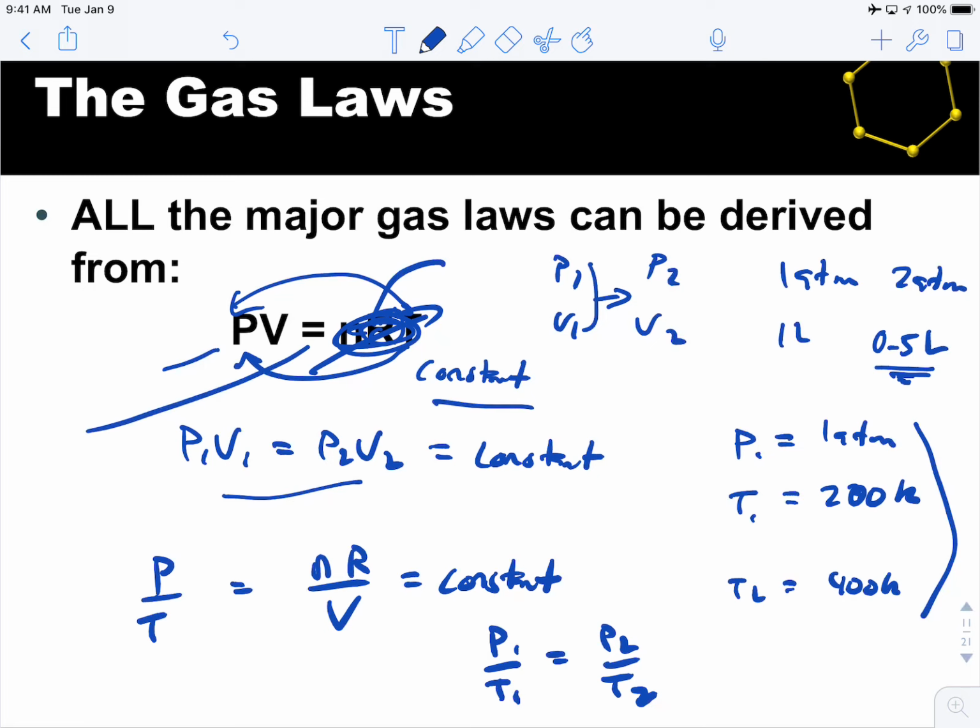And from this, you can now derive any equation you want. You can even have 3 parameters. For instance, let's say the number of moles is going to change too. So we're going to have P over nT is equal to R over V, which is equal to the constant.